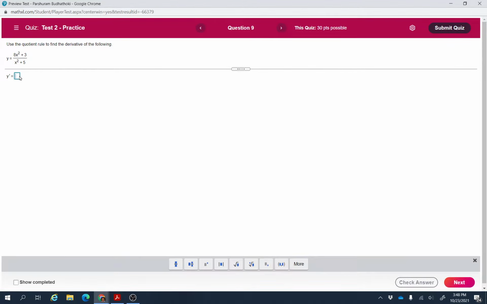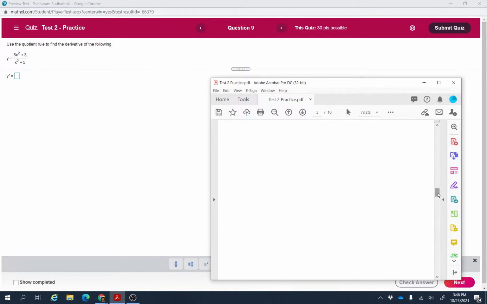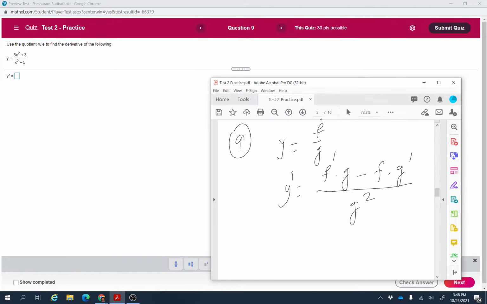Here we can use the quotient rule. The quotient rule is, if you have y equal to f over g, two functions, then the derivative is the derivative of the top function times the bottom function minus the top function times the derivative of the bottom function, over the square of the bottom function.